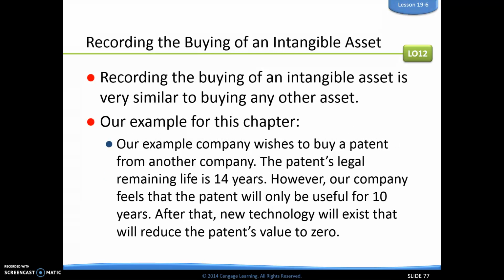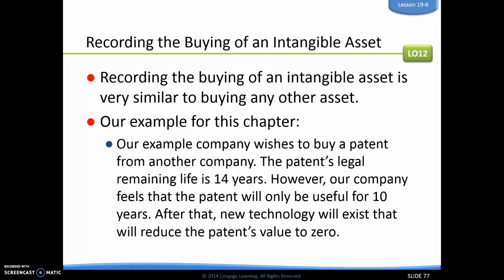So when we record the buying of an intangible asset, it's very similar to the way we buy any other asset, whether that's supplies or prepaid insurance or a long-term asset like a building or a car, any of those things. So our example that we're going to work with for the rest of this section is that our company wishes to buy a patent from another company, which you can do.